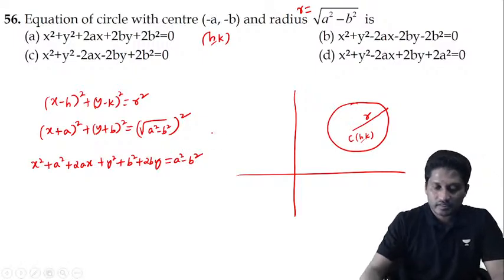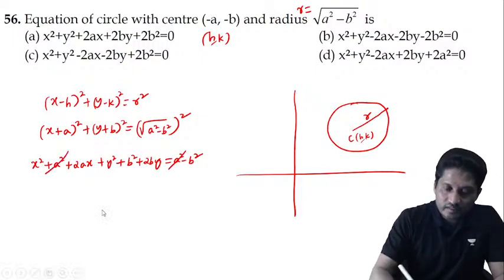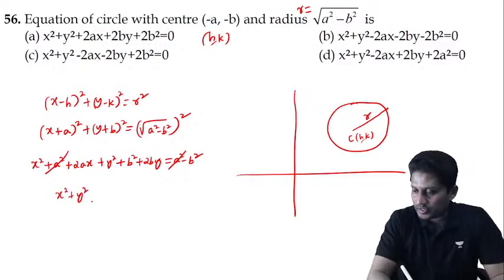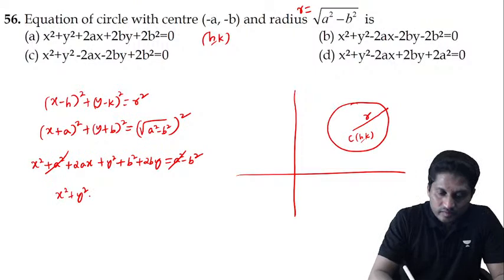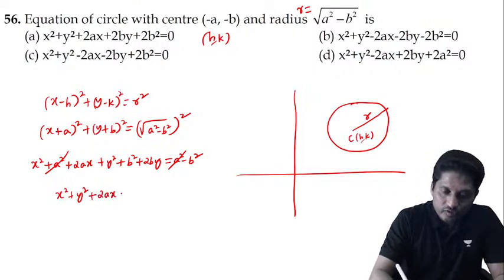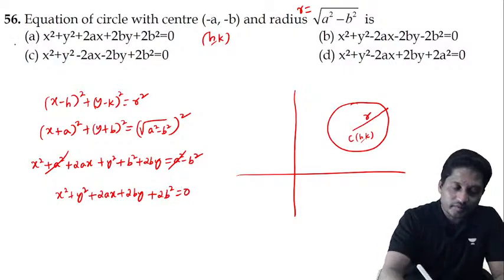The a square cancels. If you shift to the left side, you get x square plus y square plus 2ax plus 2by, plus 2b square is equal to 0. That is the first option.